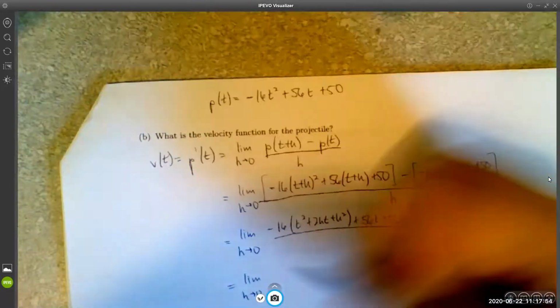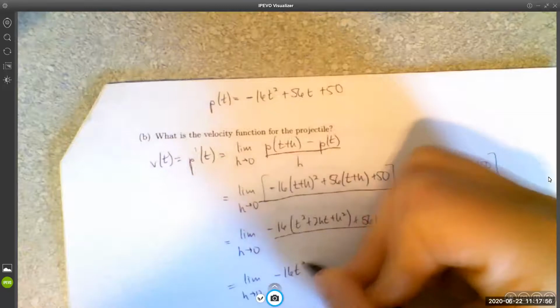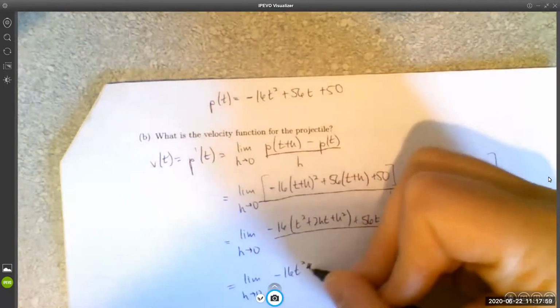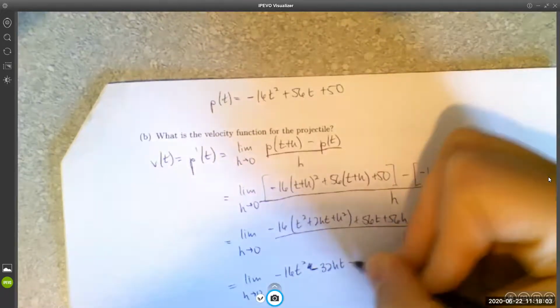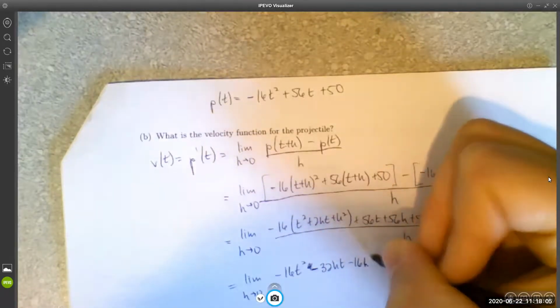And let's distribute the negative 16. Whoops. Minus 32ht minus 16h squared.